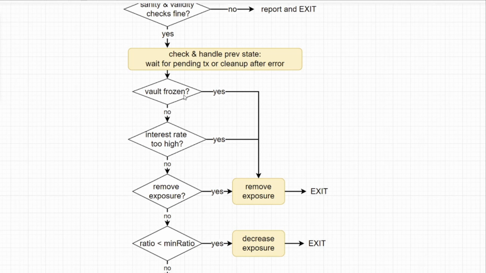First, is our vault frozen? Because if the vault is frozen, we need to remove exposure completely. That's a safety measure. Usually it's not necessary, but you don't know, because when the vault is frozen, there is no oracle price on that loan. When the vault is frozen because of one asset, the vault gets unfrozen, and the next oracle price will take effect 1 hour later for this asset.